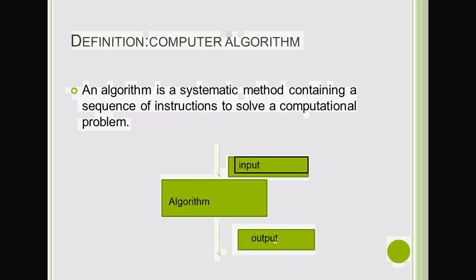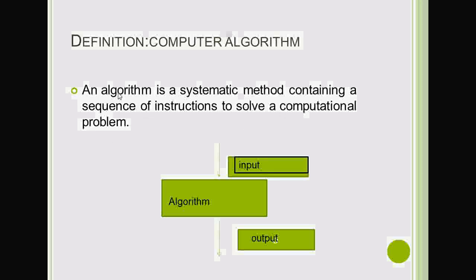Now we go with the best definition, which is available in a lot of computer algorithm books. An algorithm is a systematic method containing a sequence of instructions to solve a computational problem. It is a systematic method containing steps or instructions to solve a computational problem. Computational means the problem is going to be solved with the help of a computer or mathematical calculations.